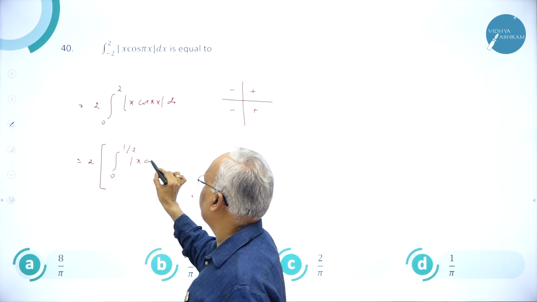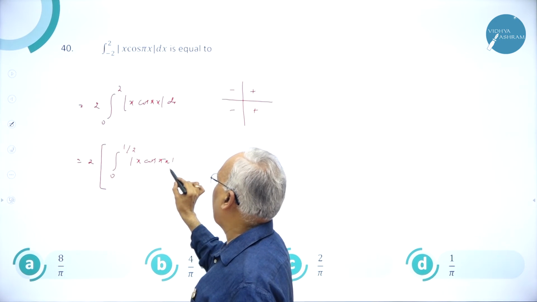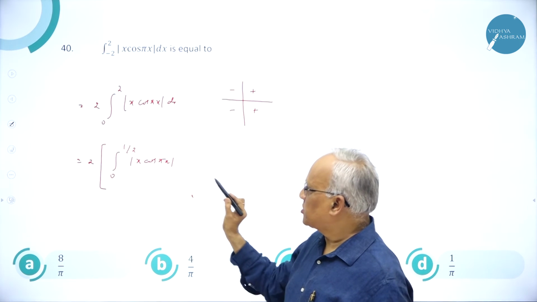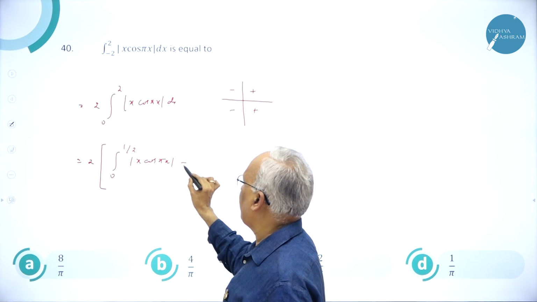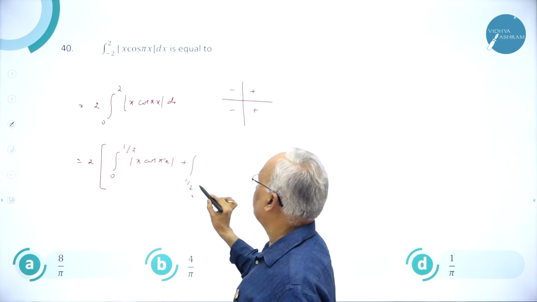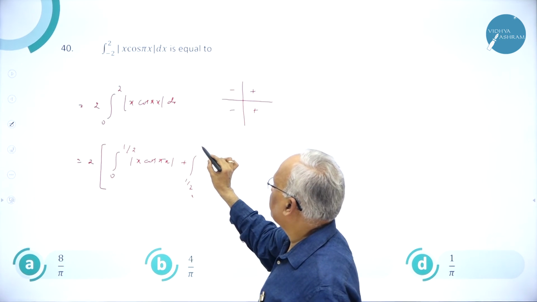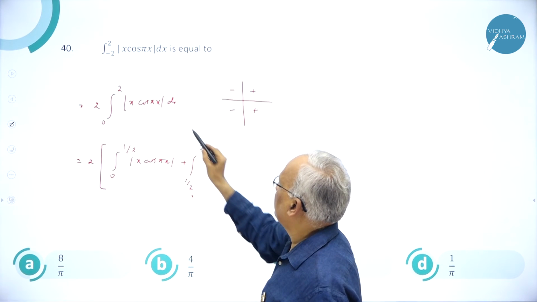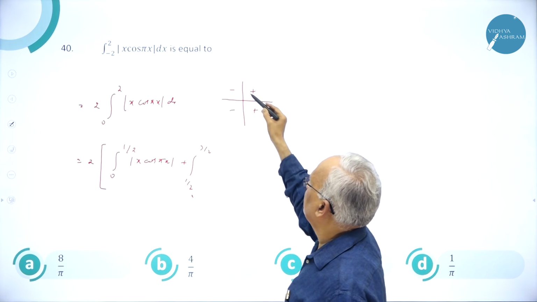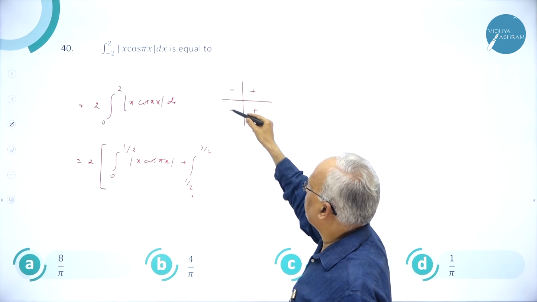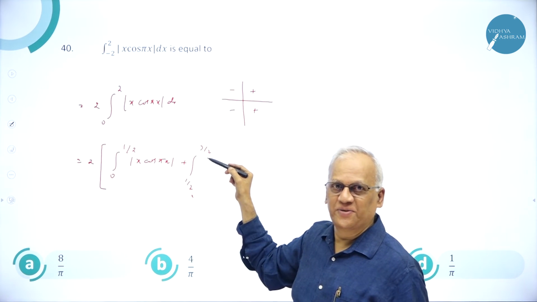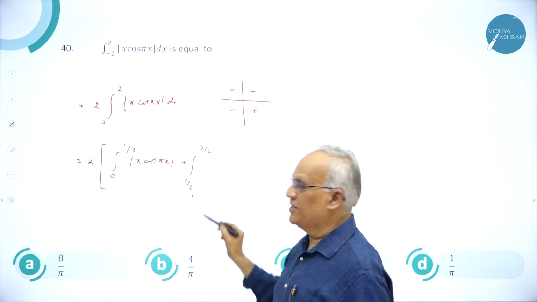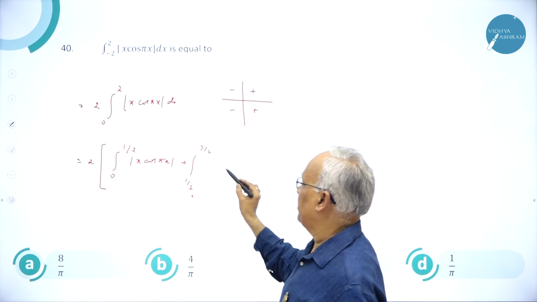So x into cos pi x. We shall write the actual value later. So split the integral. Plus next, half to 3 by 2 you take. The reason: half means pi by 2 and 3 by 2 means 3 pi by 2. So from pi by 2 to 3 pi by 2, you know cos is negative. That's why I take the interval half to 3 by 2.